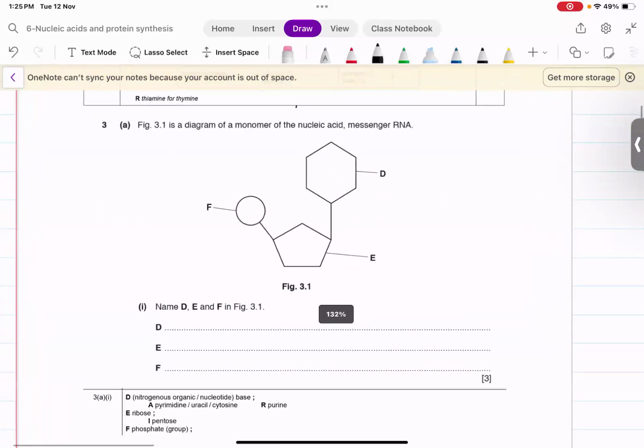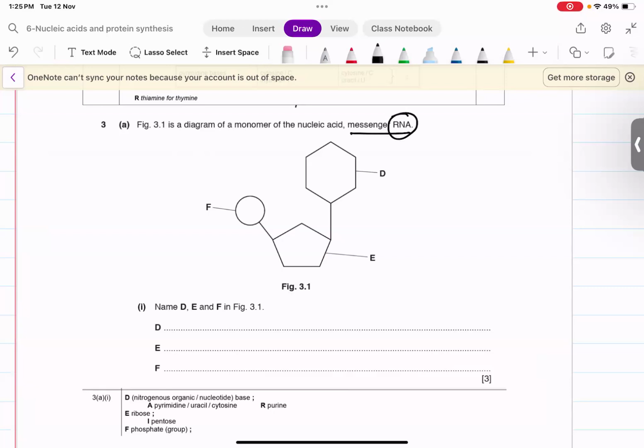Now look at this nucleotide. Figure 3.1 is a diagram of a monomer of a nucleic acid. It is messenger RNA, so this is an RNA actually. Name D. The question begins with name D, E, and F. It is not type. Pentose is a type. Pentose is not a name, it is a type.